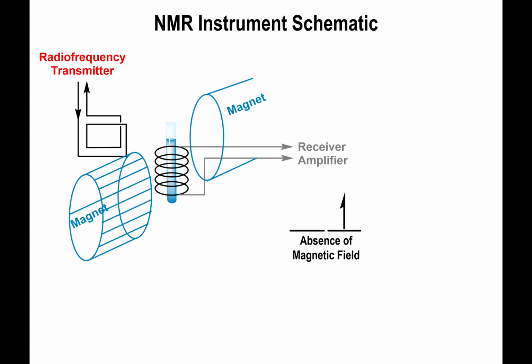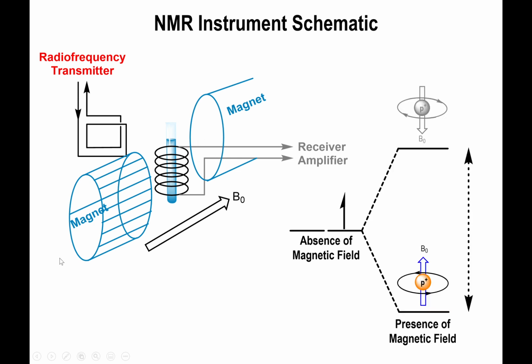Okay, so the way this basically works is that you have your sample placed in between magnets. The magnets are creating a magnetic field that's passing through the sample. When this takes place, the material, if it has protons, or carbon, which will have carbon-13, is going to get magnetized.